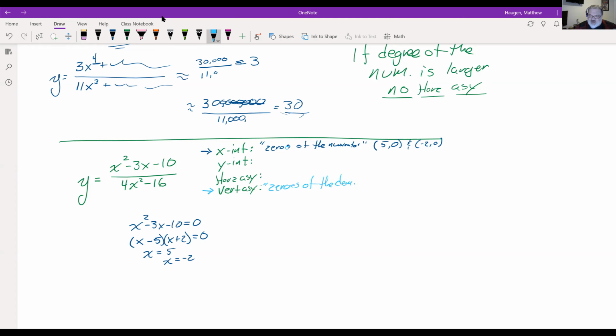And even if it doesn't factor, we can find the zeros with the quadratic formula, rational root theorem, and all kinds of other tools. So we're going to take the 4x squared minus 16, set that equal to 0, and factor that out because why not? We're going to get x plus 2, x minus 2. So our solutions to that equal to 0 would be plus or minus 2.